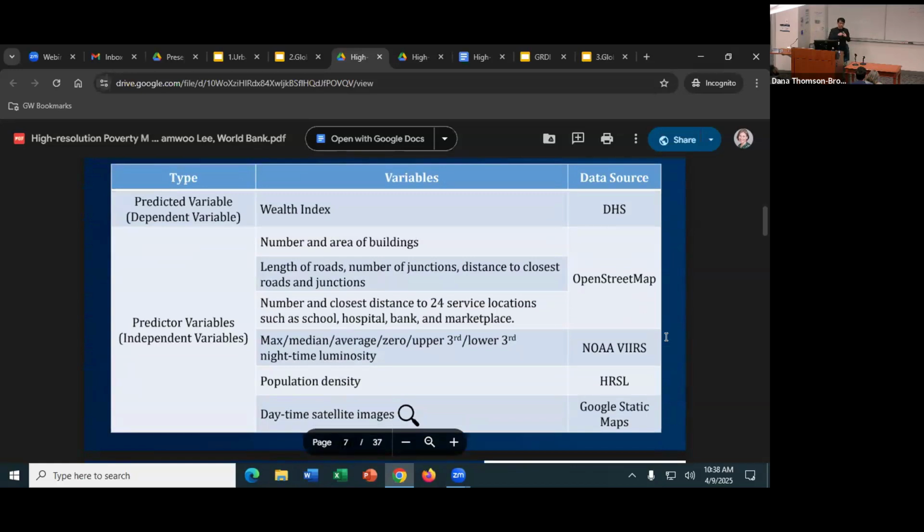So I extracted max, median, average, zero, upper third, lower third of the nighttime luminosity. I also used population density, and of course, daytime satellite images. I used only publicly available data sets just because I want others to replicate the result.